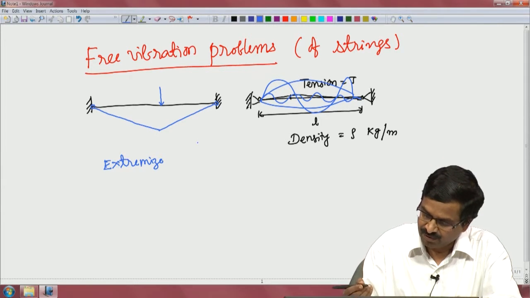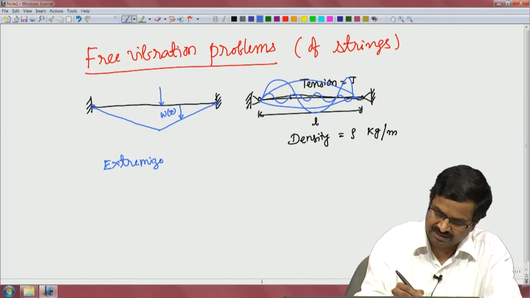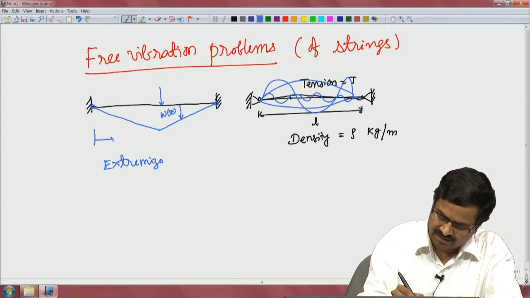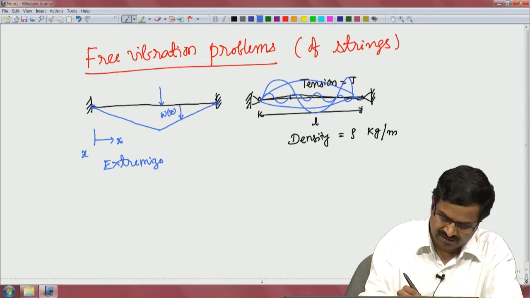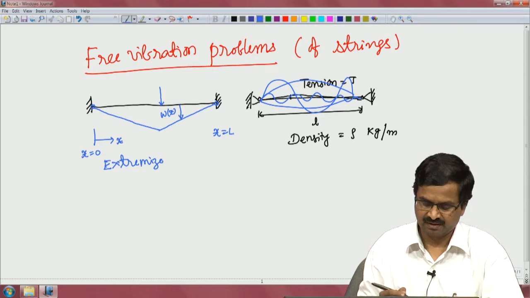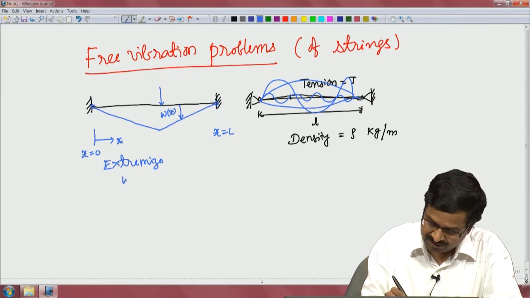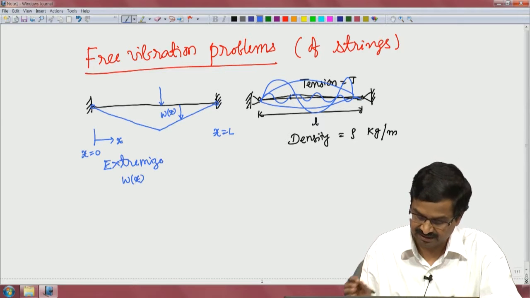Extremize, what do we extremize? The deformation wherever it goes. Let us call this W of x. As usual, x is measured along the axis. Here x equal to 0, here x equal to L. Okay, extremize with respect to W(x). That is a function as usual in the calculus of variations.